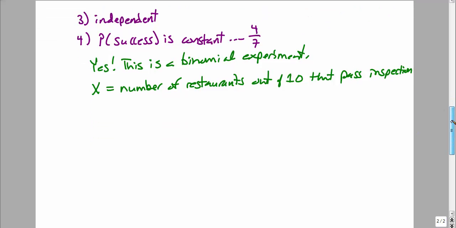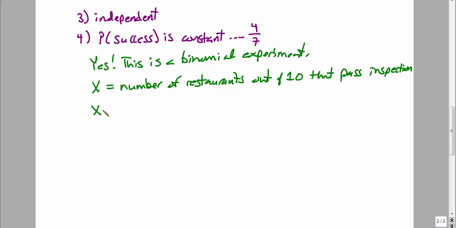Now, because I know my random variable x is based on a binomial experiment, I say x is distributed as binomial n, p. N is the number of trials. P is the probability of success, 4/7. So again, this is n and this is p. So to get started, I could do all sorts of different things. I could find the average, the expected value.